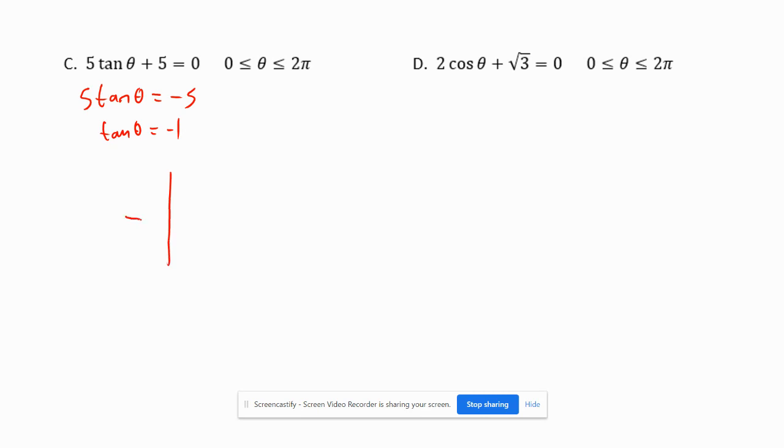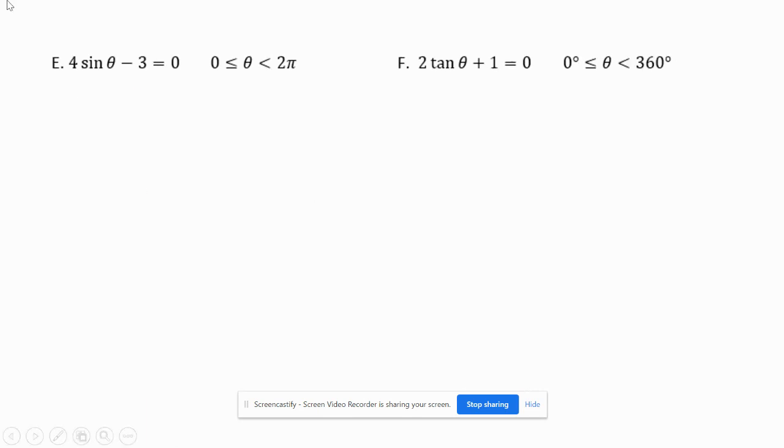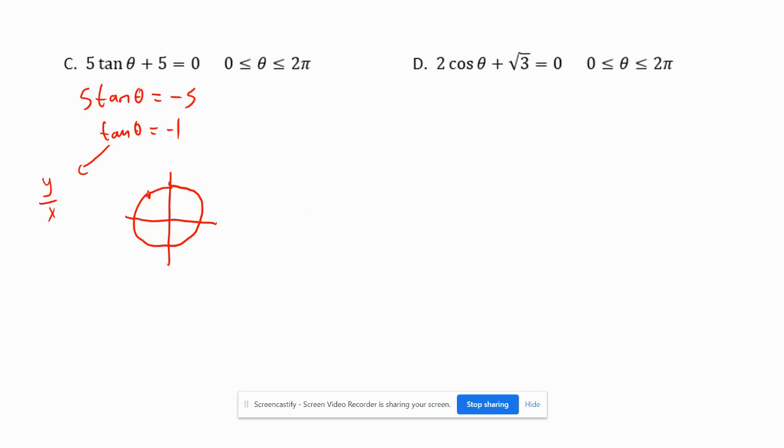So let's think about what tan means again. Tan means y over x. If we have y divided by x and the answer is -1, that means y and x are the same value, but one's positive and one's negative. So where does that happen on a unit circle? Well, it happens twice, here and here. This point is -√2/2, √2/2.